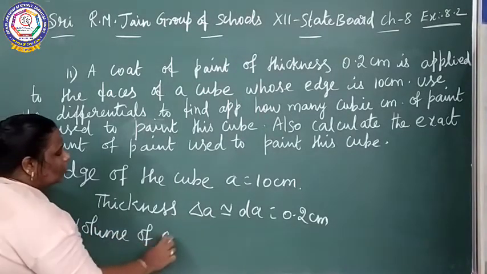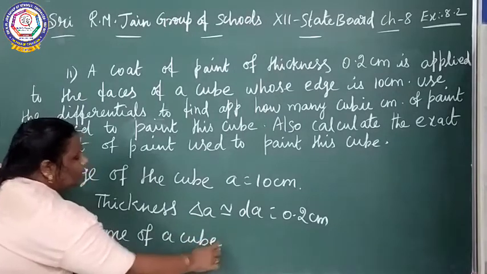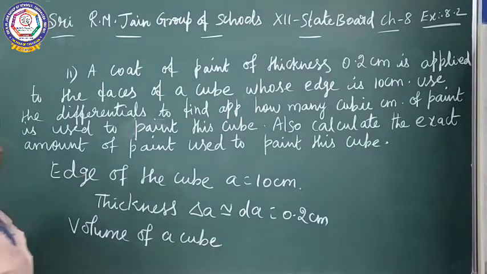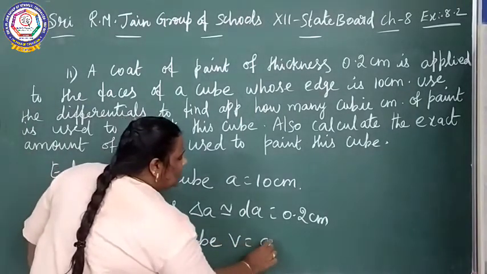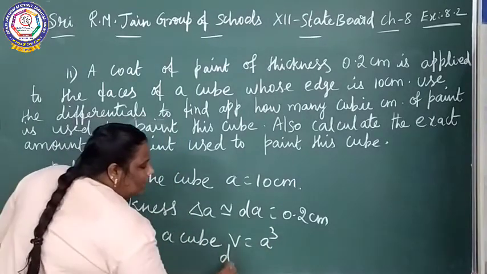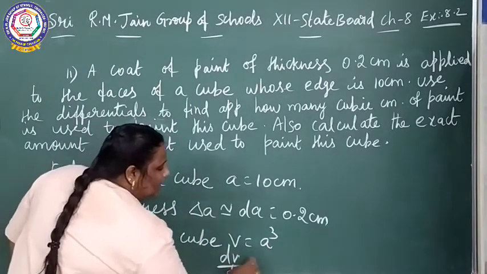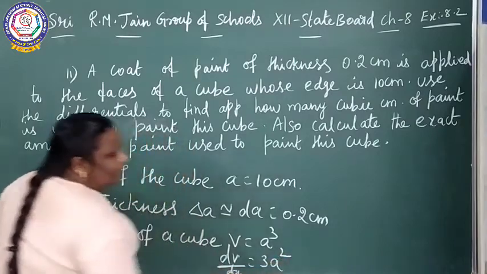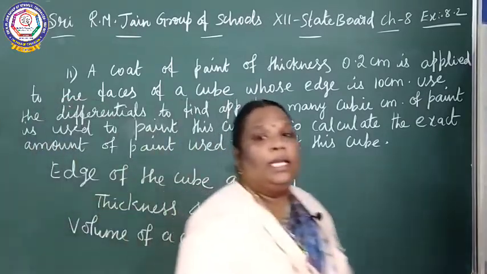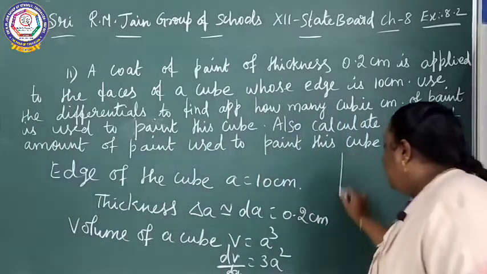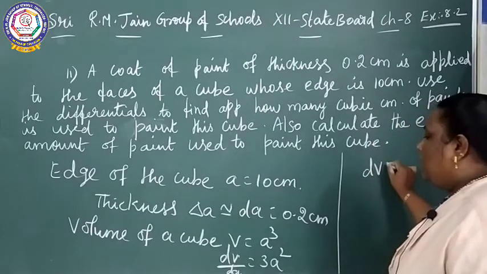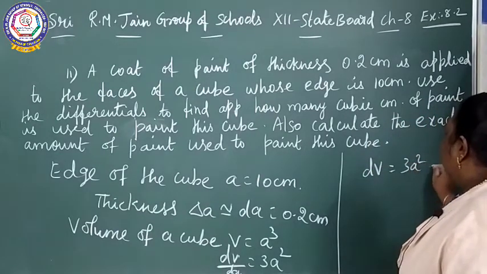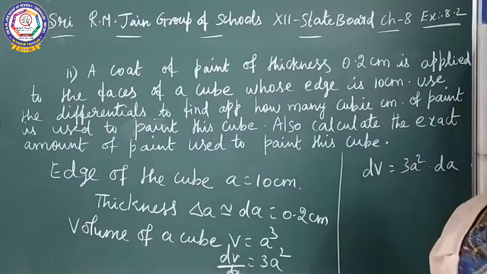Volume of a cube V equal to A cube. dV by dA equal to 3A square. Then dV equal to 3A square into dA.